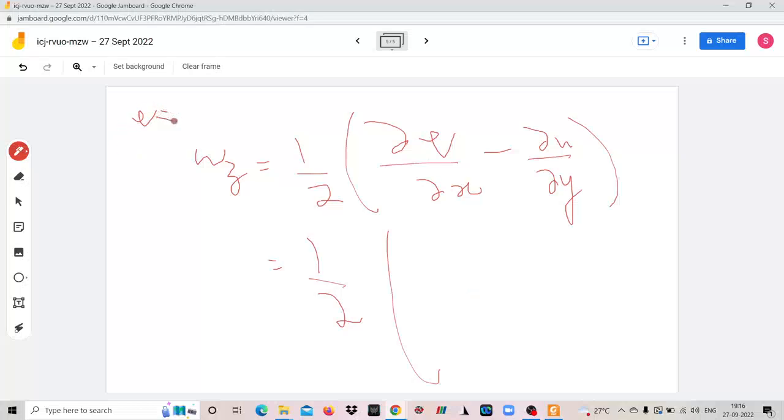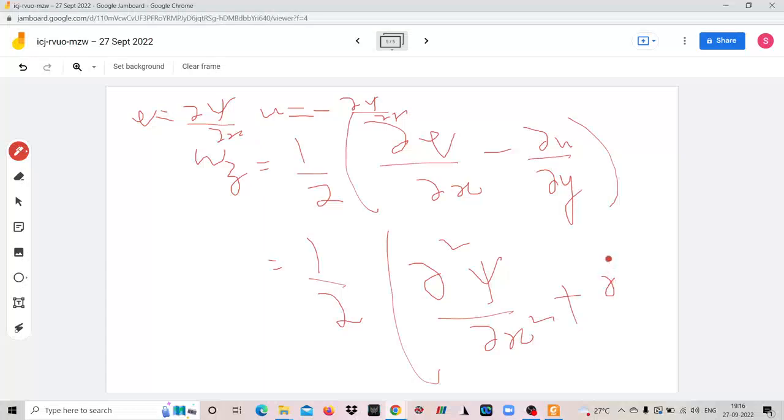Say we are writing v as del psi by del x, and u is minus of del psi by del y. So del v del x is del 2 psi del x square, and del u del y is minus of del 2 psi del y square, so these two minuses will become plus.